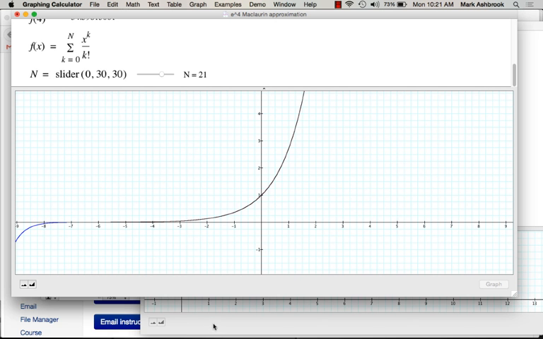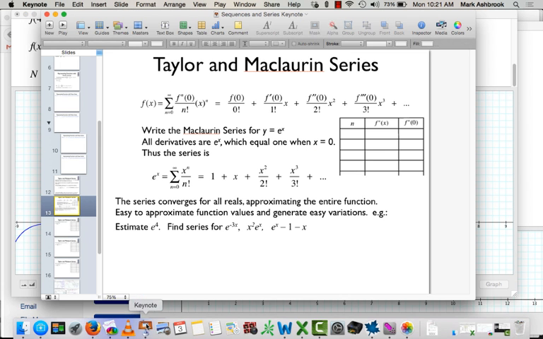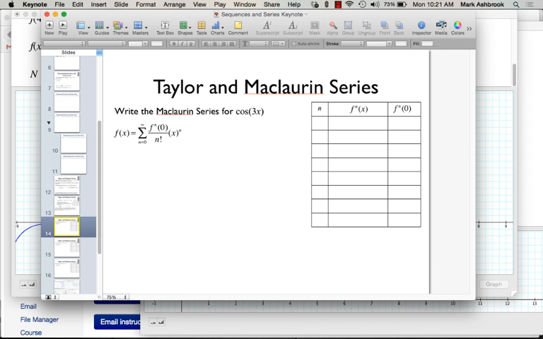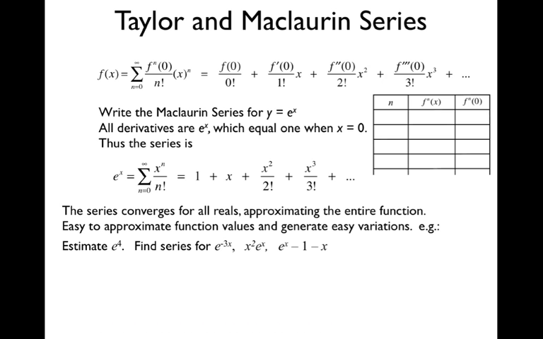Okay, let's try a different example. Oh no, let's build on this one here. We saw the series converges for all real numbers. It approximates the entire function, or it's exactly the whole function if you were able to add all infinitely many terms. And so now we can use that.